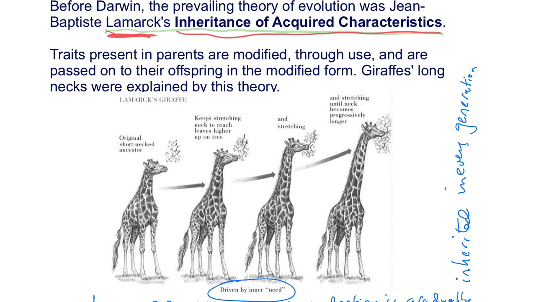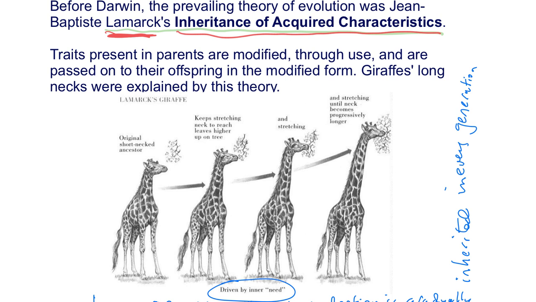You have a population of giraffes with shorter necks than the ones we have today. This was in the past. Now, they ate fine. They could reach up and eat the leaves off of shrubs and tall shrubs and trees.